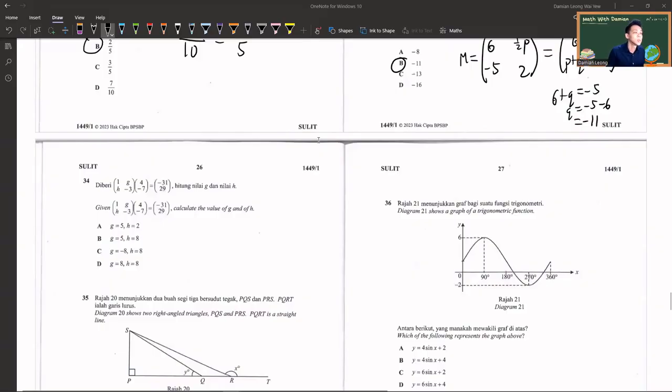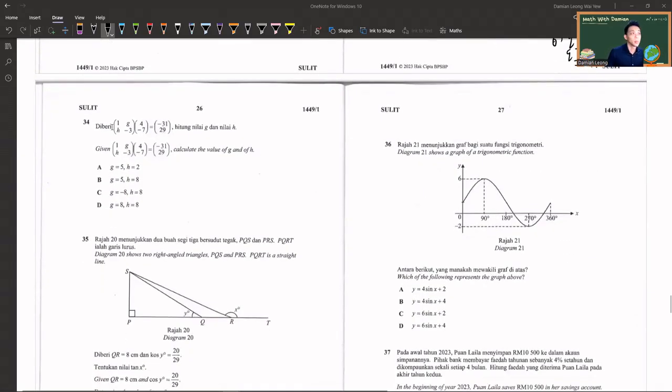Question 24. Diberi matrix ini, hitung nilai G dan nilai H. So, here we have to multiply the matrix. Okay, kami perlu mendarabkan dua matrix ini bersama. So, we need to know how to multiply matrices.